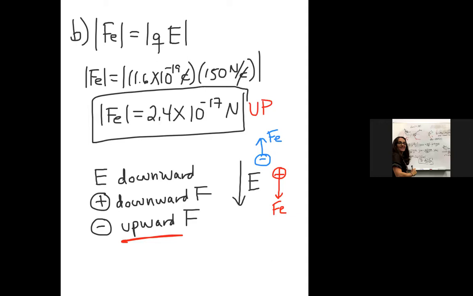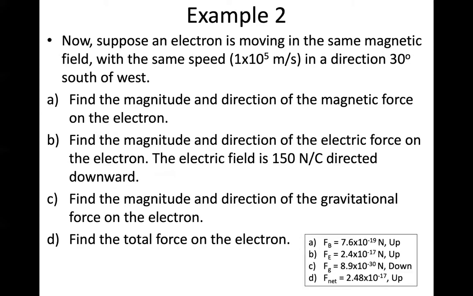All right. So we get an upward force from magnetism, an upward force from electricity. So physically, this electron is being forced up into our atmosphere, up towards the sky.